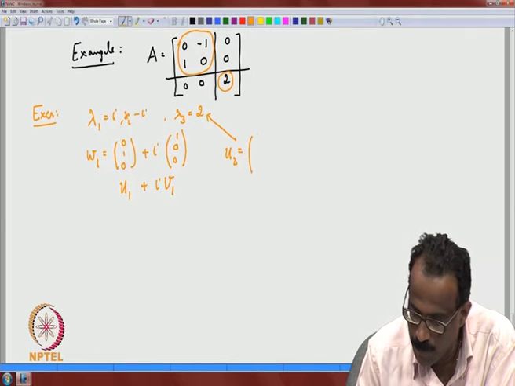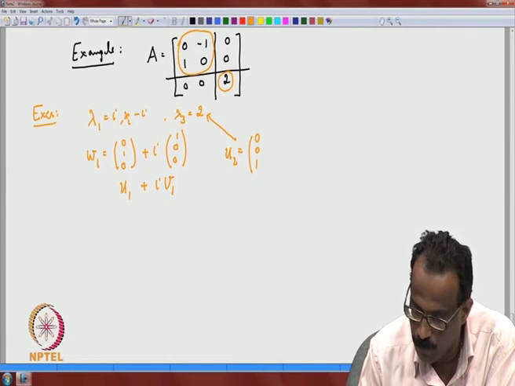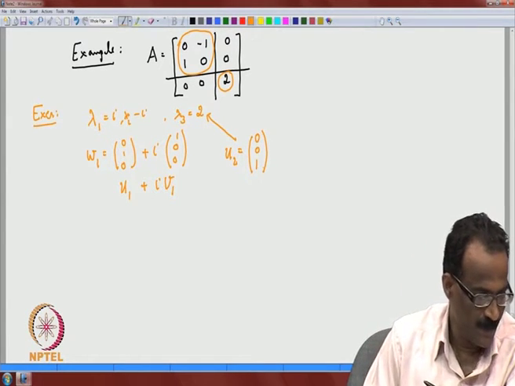So, you have only one eigenvector 0, 0, 1.